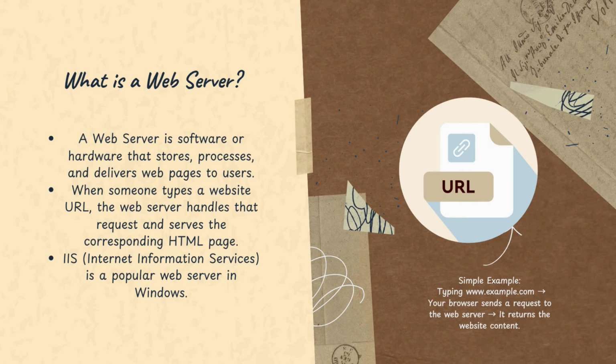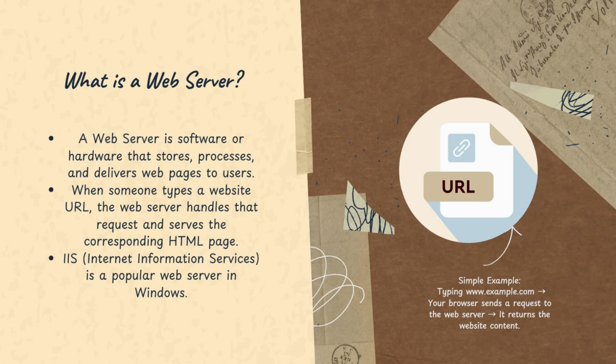Hereafter I will explain a few terminologies which are crucial for hosting a website. So what is a web server? A web server is software or hardware that stores, processes and delivers web pages to users. That is, a web server takes a request from the browser and sends back the website.